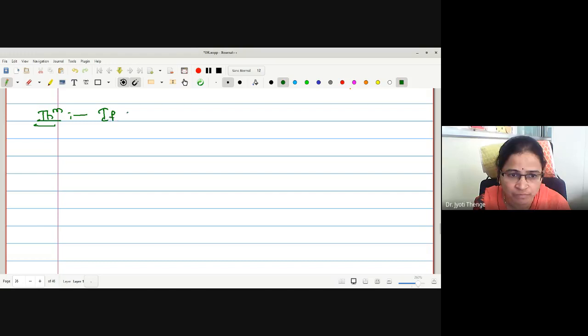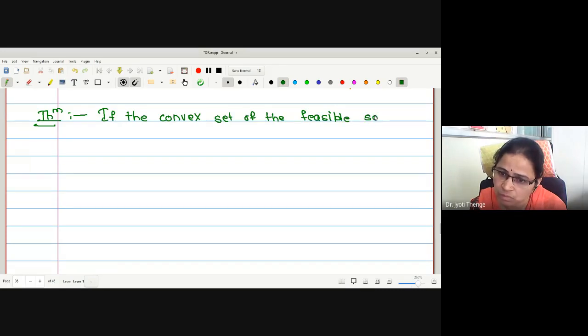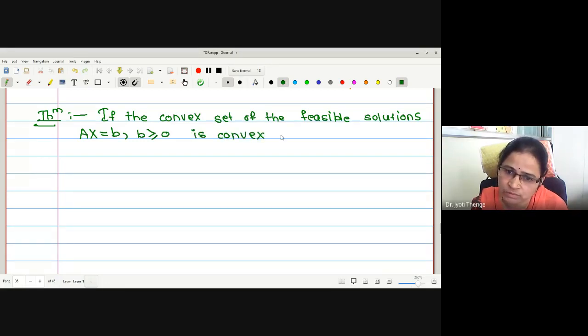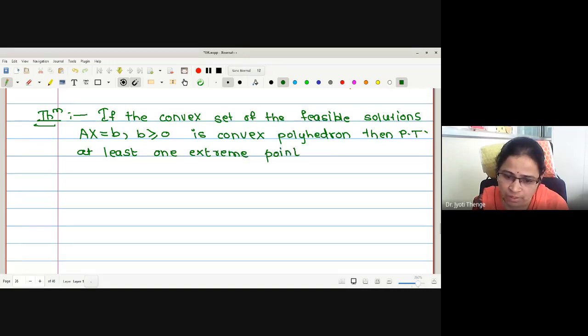The statement says that if the convex set of feasible solutions, Ax = b, x ≥ 0, is a convex polyhedron, then prove that at least one extreme point gives an optimal solution.